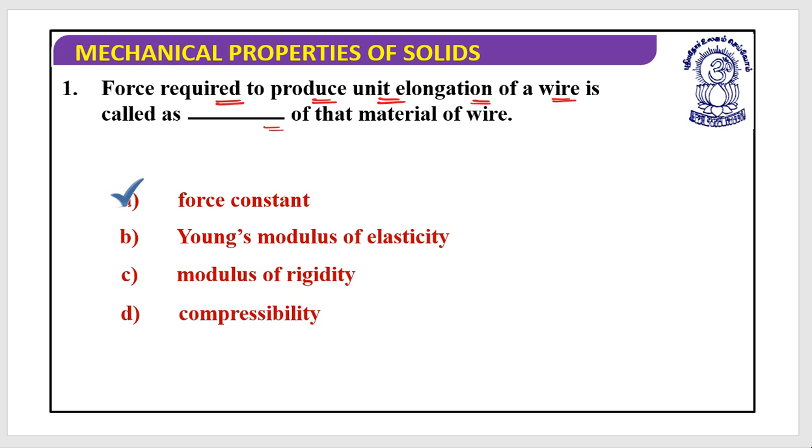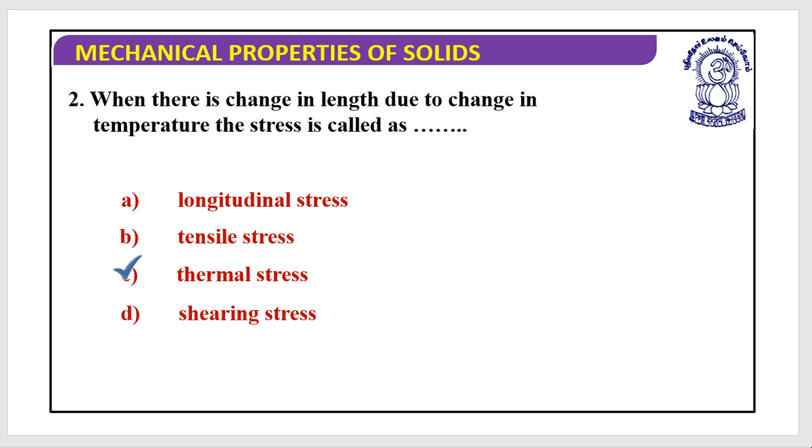It is the force divided by the elongation of the wire, F by X, which we generally represent by K. Next, when there is a change in length due to a change in temperature, the stress is called thermal stress. This is the thermal stress. I hope this is clear.